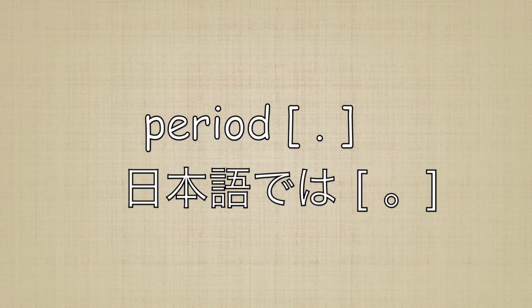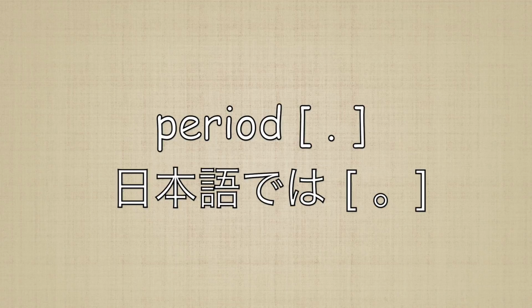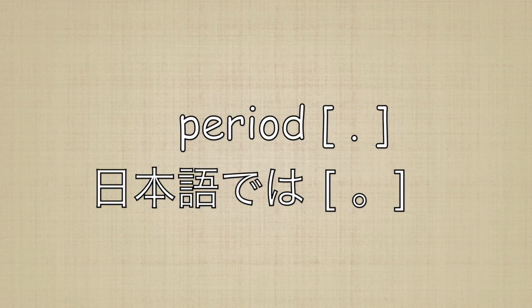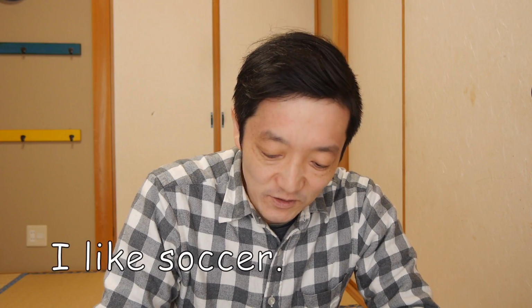The period. In Japanese, you kind of have the same thing. It's called a maru. Thing at the end of a sentence. So when we have a sentence, for example, I like soccer.